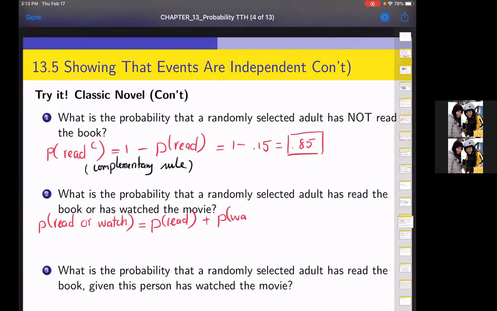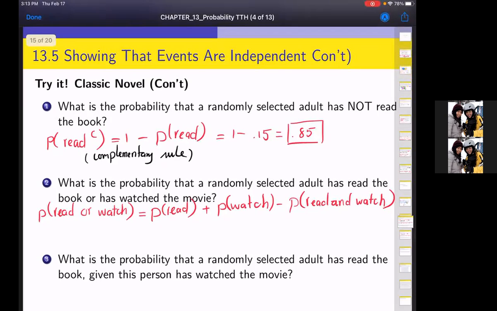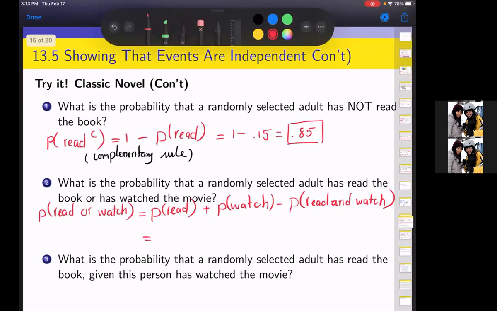A is read, B is watch, right? Minus P of both, read and watch. On the exam, I do want you to write things out like that. If you just give me the answer, I'll probably give you a point, but presentation is important. Read is 0.15, watch is 0.45, both is 0.10. 0.60 minus 0.10 is 0.5.